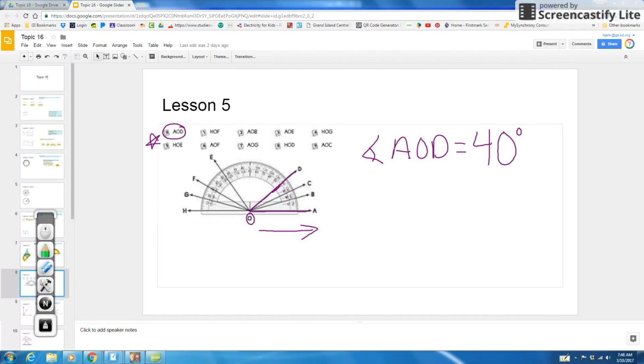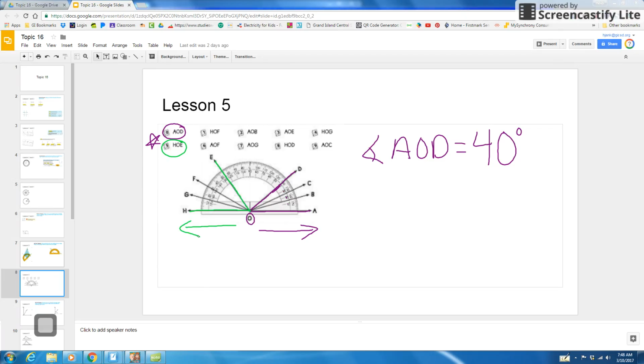I'm going to switch to a different color for my next angle. Let's do angle H, O, E. So if you notice, here's my H over here, there's my O endpoint, but here's my E. Our angle is facing this way now.